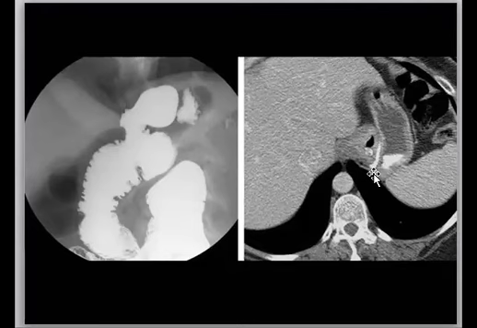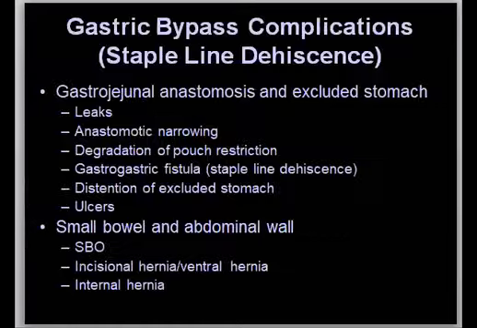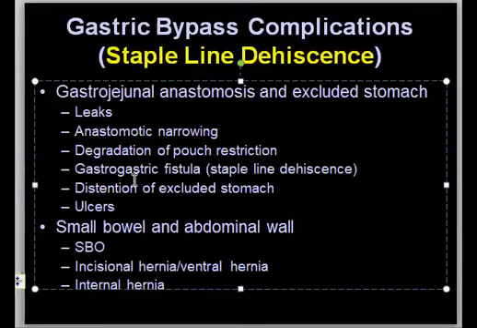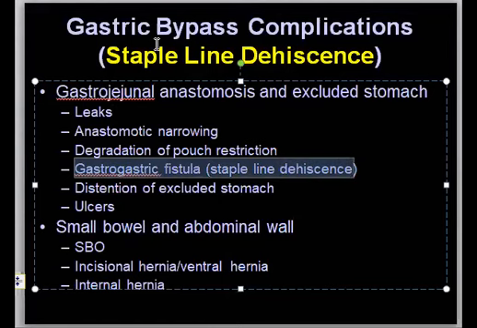Ulcers or infection can happen also. So these are post-operative gastric bypass complications. This one was staple line dehiscence, as you see, with gastrogastric fistula.